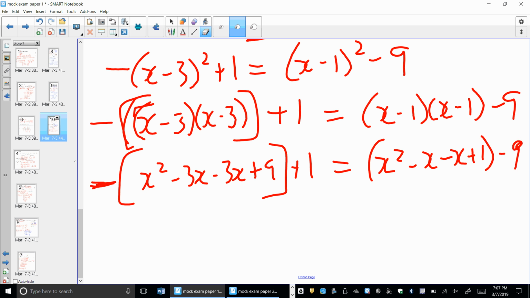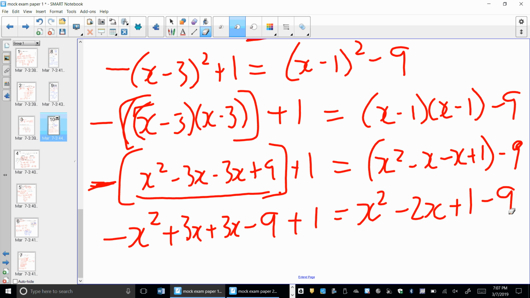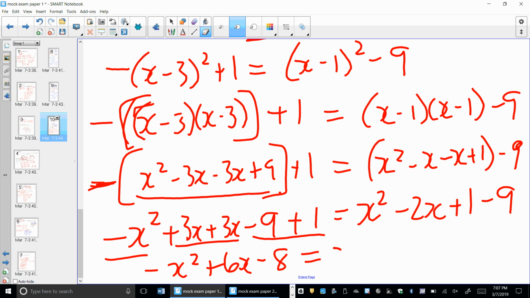So now this negative affects everything in here. So it's negative x squared plus 3x minus 9 plus 1. So we've got negative x squared plus 6x. Negative 9 plus 1 is negative 8. Equals x squared minus 2x, and then 1 take away 9 is negative 8.